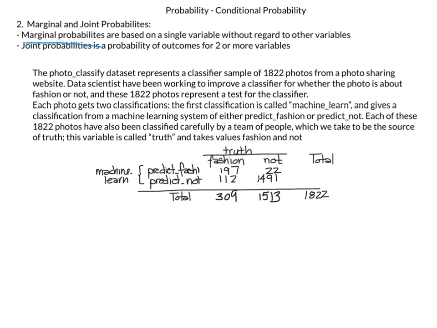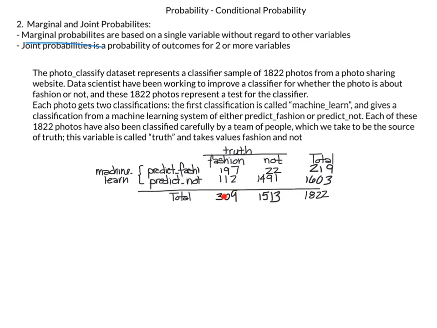That would be 219. As for how many photos it predicted were not about fashion, we'd add the 112 to 1,491, and we'd get 1,603. So this is our marginal count for our machine learning, and the total, the 219 plus 1,603, should add up to our total 1,822.